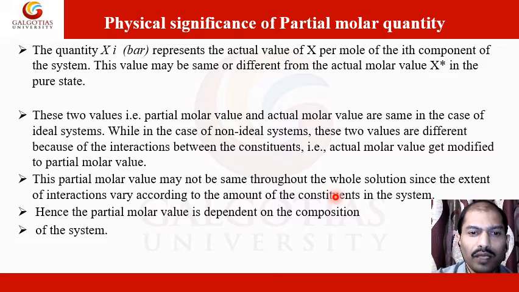So the partial molar value is dependent on the composition of a system, because each and every component matters, as we are taking the sample here in terms of moles. If the molar solution is different, then it will also change accordingly.